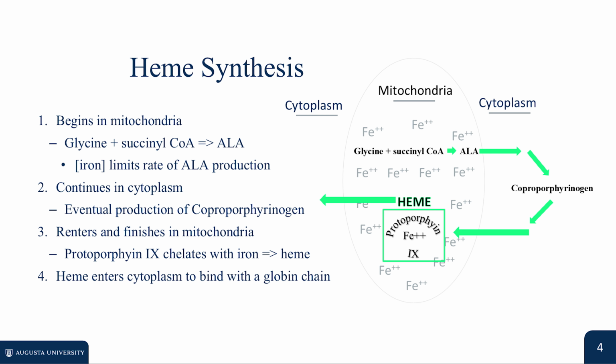Once delta-ALA is formed, it exits the mitochondria into the cytoplasm. A cascade of enzymatic reactions converts delta-ALA through a series of intermediate porphyrinogens, culminating in the production of coproporphyrin 3. Coproporphyrin 3 then travels back across the mitochondrial membrane into the matrix, where it is converted into protoporphyrin IX.